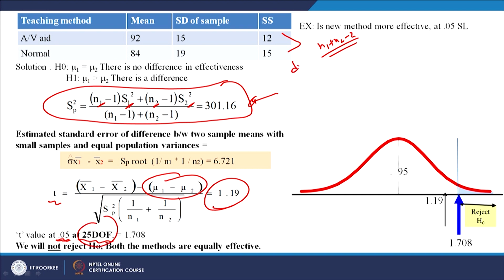This is how we calculated the degrees of freedom, n1 plus n2 minus 2, because you have got 2 samples over here, right. In the one sample test our degree of freedom was a different one. Okay. So, let us look at this. The calculated t value is 1.19 and the table value is 1.708.